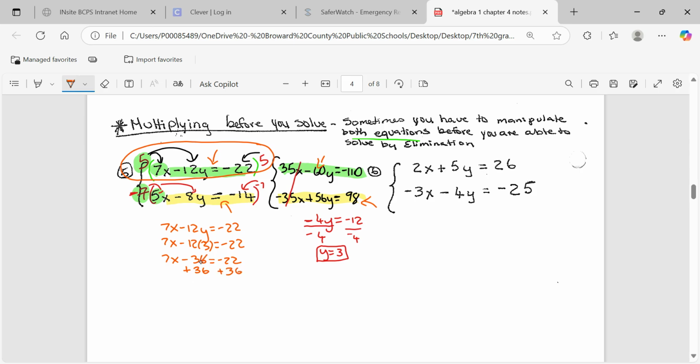So I add 36 to both sides, and 7x is equal to, I don't know, which is 14. And 7, divide both sides by 7, and your x is equal to 2. So now I know that my solution to this system is 2, 3. That's the coordinate.